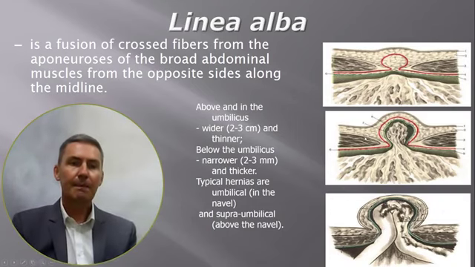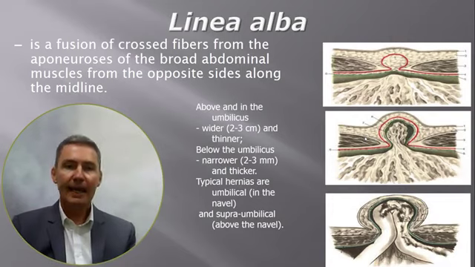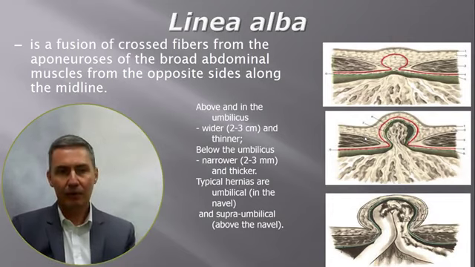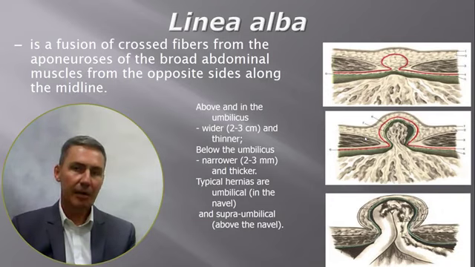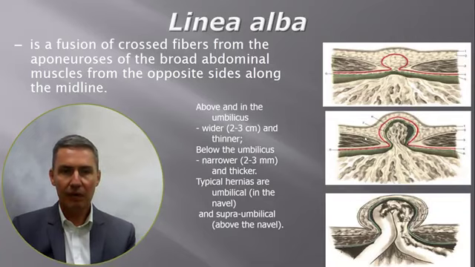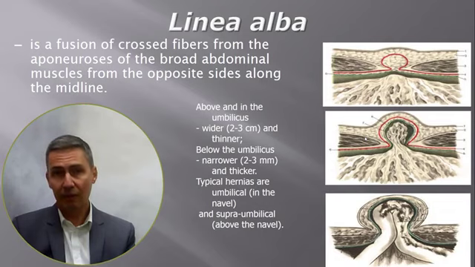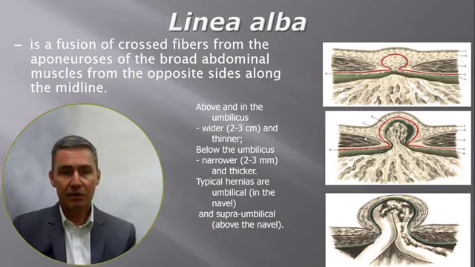Linea alba is wider and thinner above the umbilicus. Above the umbilicus it is about 2-3 centimeters wide, and below the umbilicus it becomes narrower but thicker, just 2-3 millimeters wide. Because of that, herniation occurs most often in the region above the umbilicus.